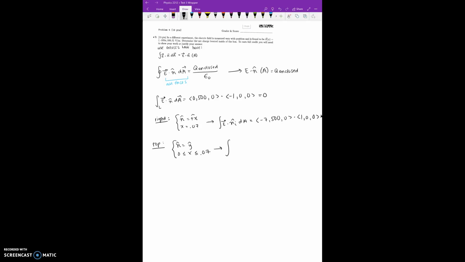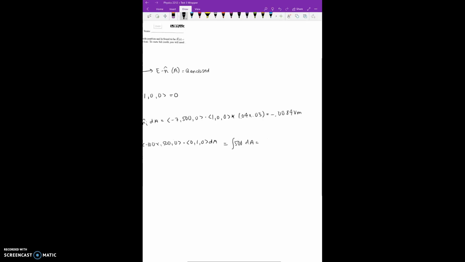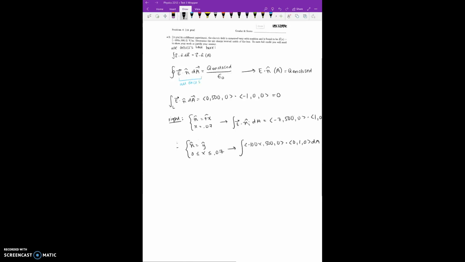So we know that for the top, we have -100x, 500, 0 times 0, 1, 0 dA, and that's actually going to give us 500 dA. We can pull out the 500 because it's a constant, and we end up getting 1.05 voltmeters here.